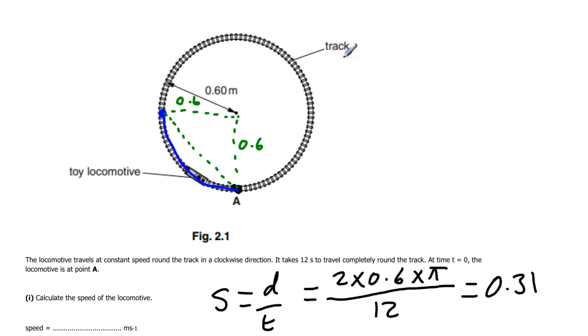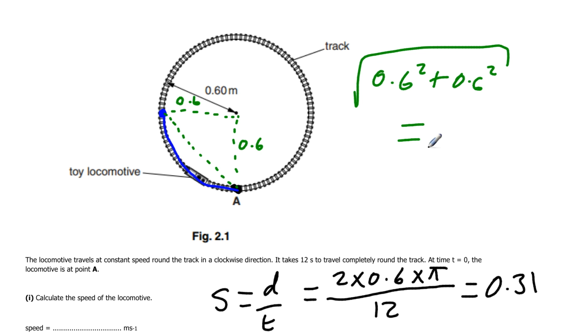So we can simply use Pythagoras' theorem and say 0.6 squared plus 0.6 squared, square rooted, is that distance or that displacement, which should give us 0.85 meters. So that was just one that a few of us found a little bit tricky.